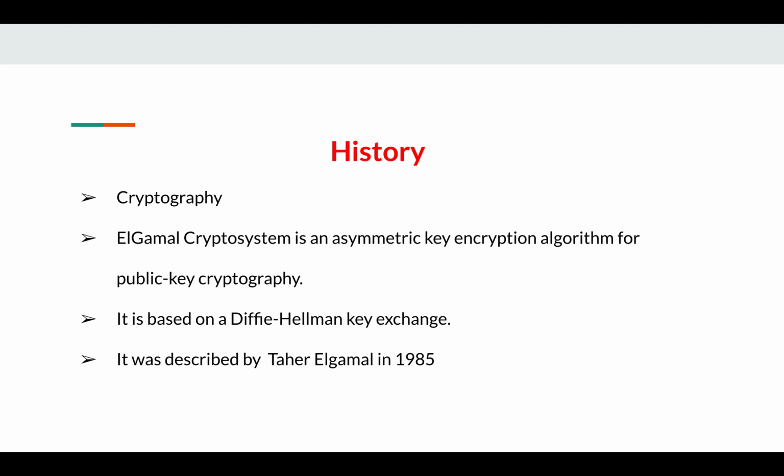An asymmetric cipher is a cipher where you have two keys. One is a public key and the other is a private key.